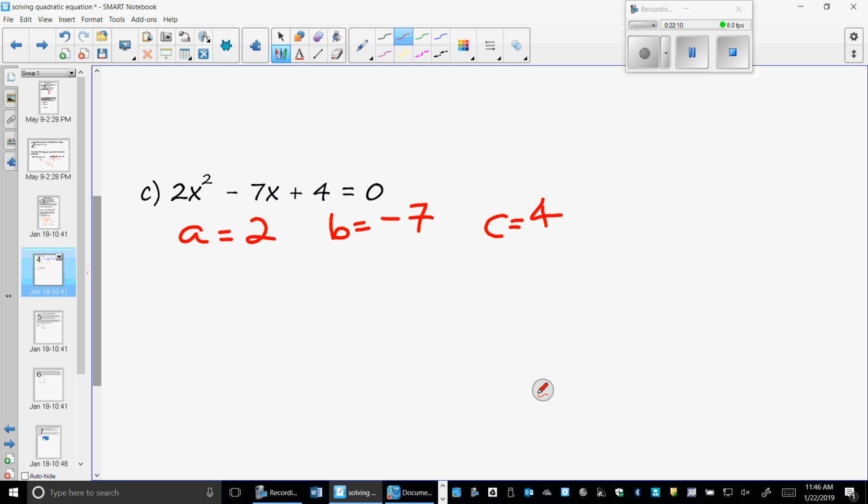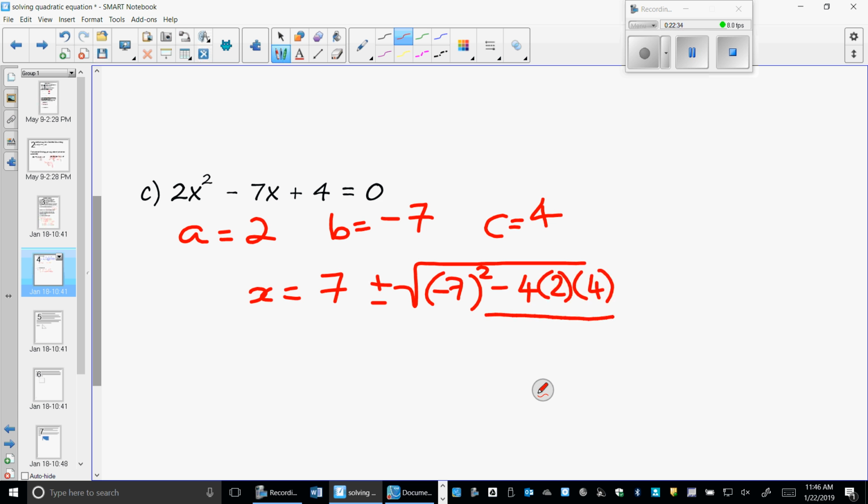Enter it into the formula. So we've got x equals. Oh, hang on. So we've got to write our formula first. So we've got x equals minus b, so it's going to be positive 7 plus or minus the square root of negative 7 in brackets squared minus 4 brackets 2 brackets 4 over 2 brackets 2.